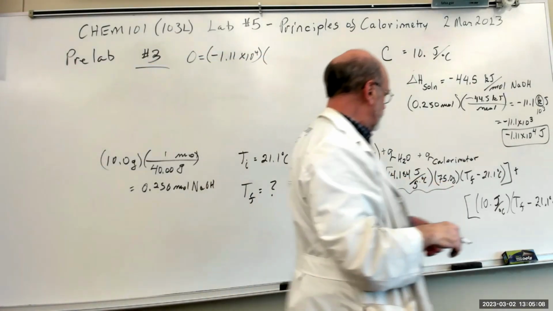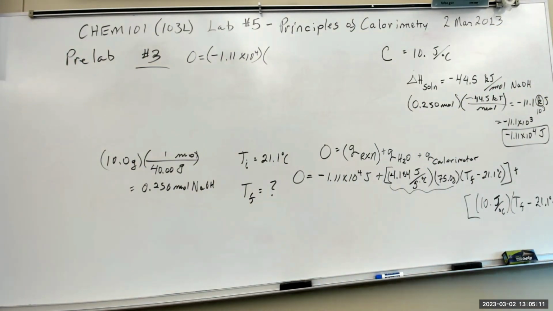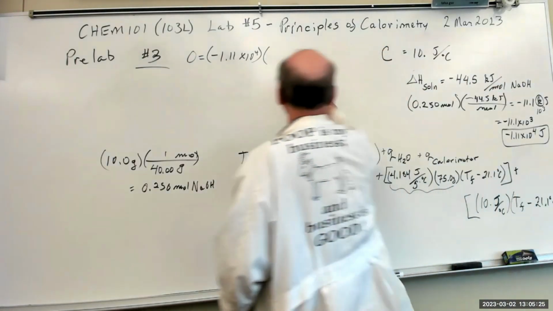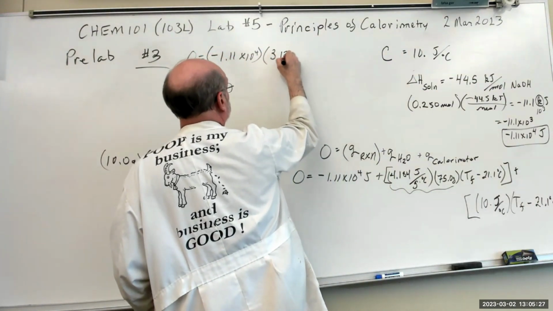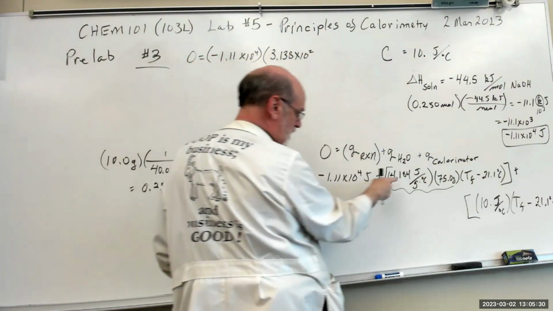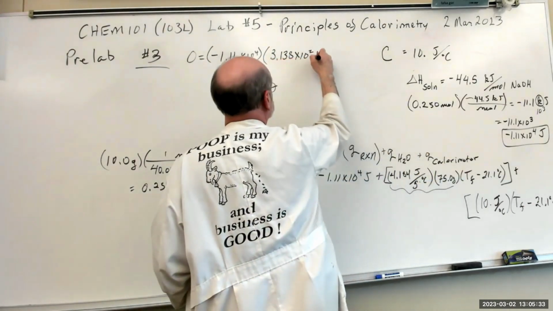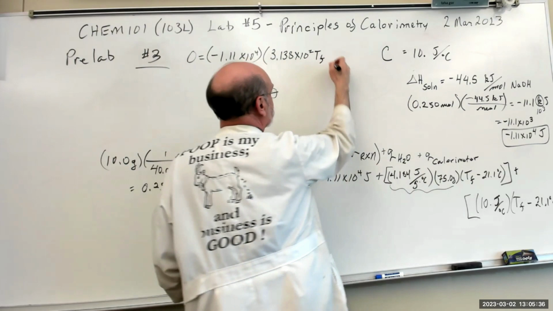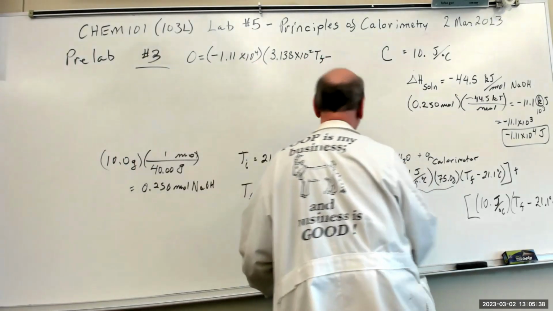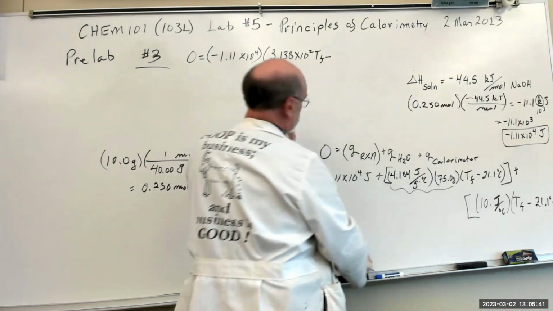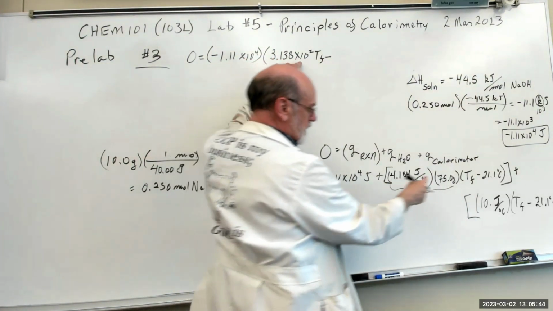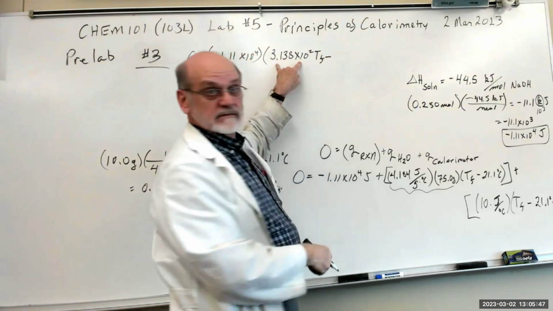So this is 4.184 times 75, which is 3.138 times 10 squared. And that's times TF. And then minus that value times 21.1. Right?